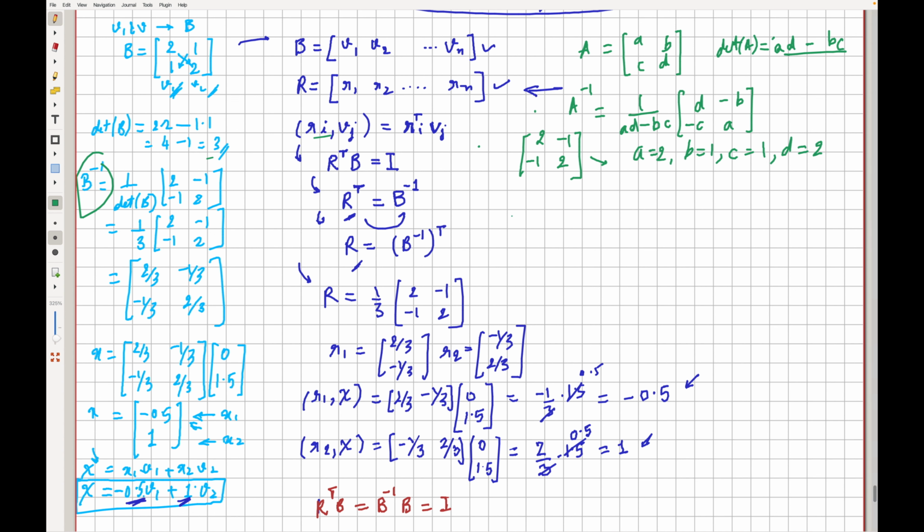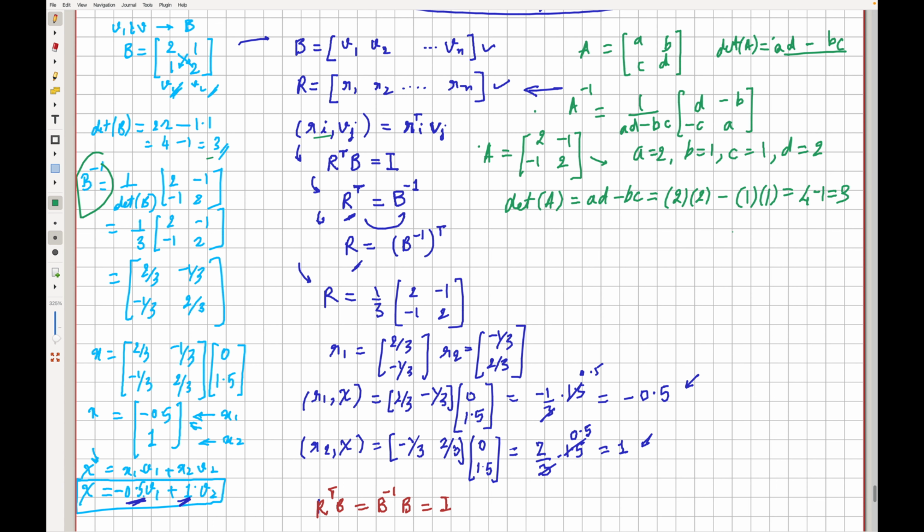And so the determinant of A would be A times D minus B times C, which is equal to 2 times 2 minus 1 times 1, that is 4 minus 1, that is equal to 3.